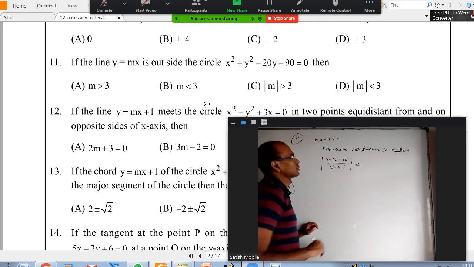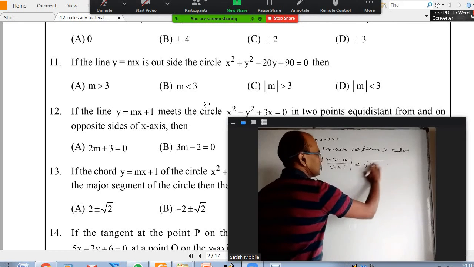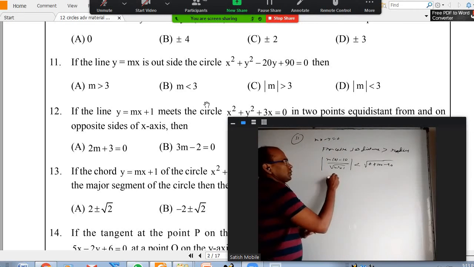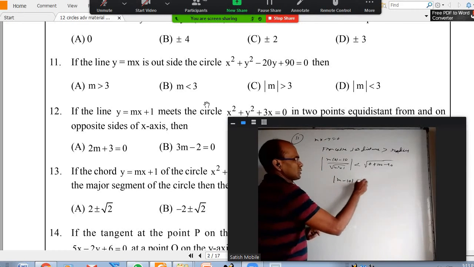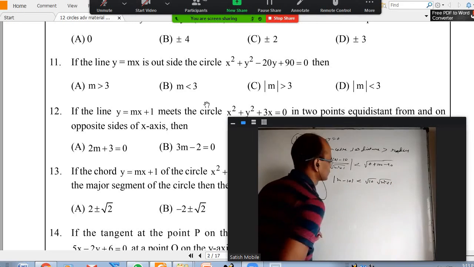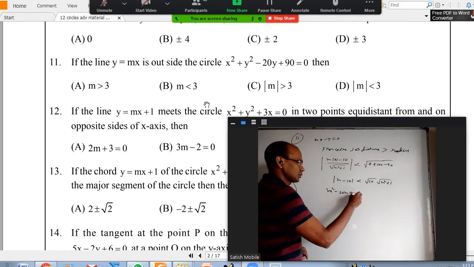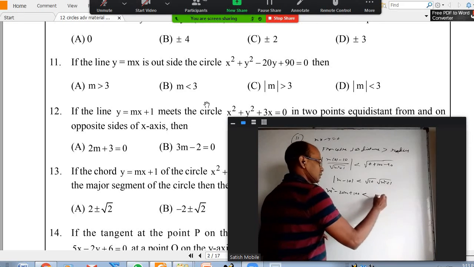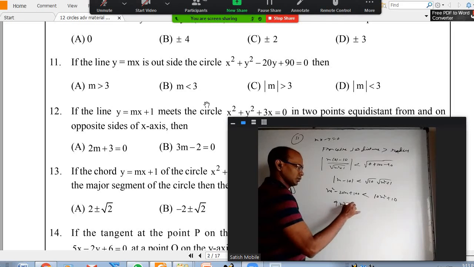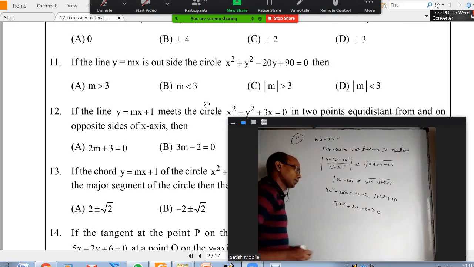Radius is root 10, root over 100 minus 90. Okay, so mod m minus 10 less than root 10 into root m square plus 1. Square it: m square minus 20m plus 100 less than 10m square plus 10. 9m square plus 20m minus 90 greater than 0.